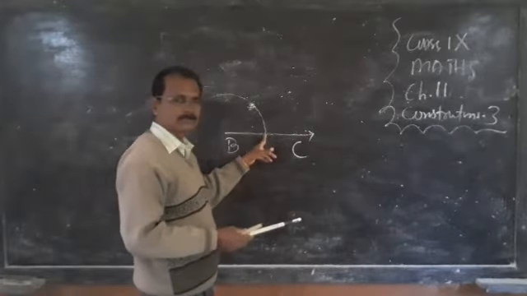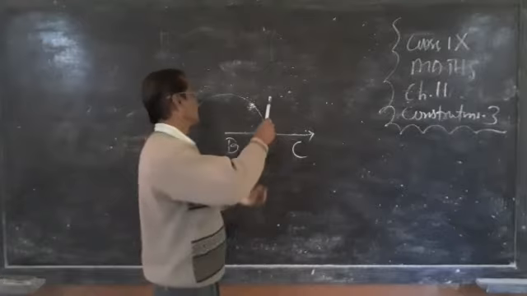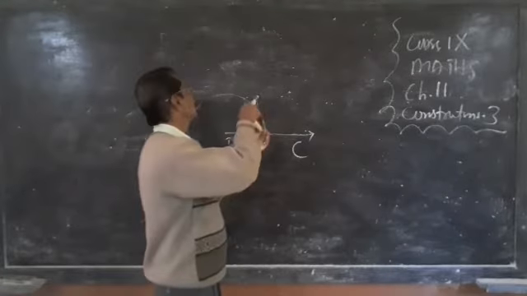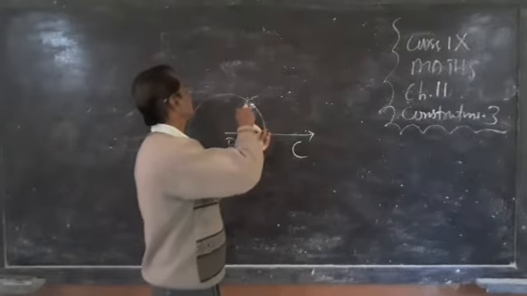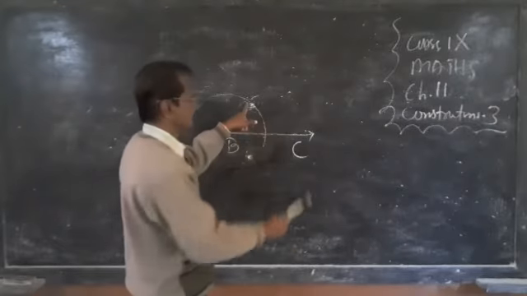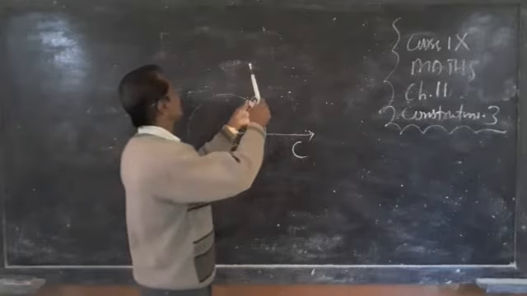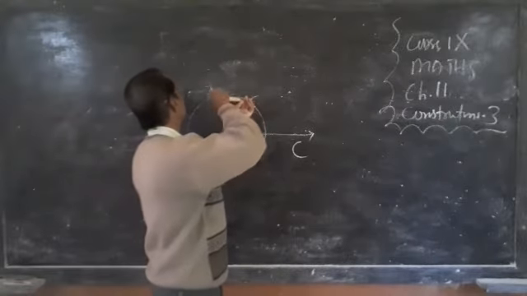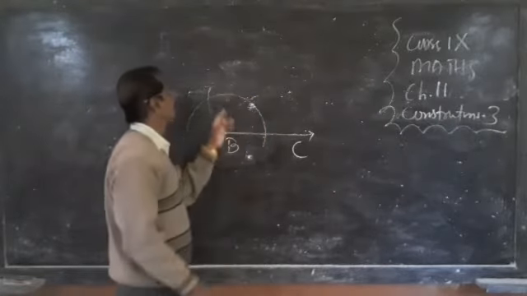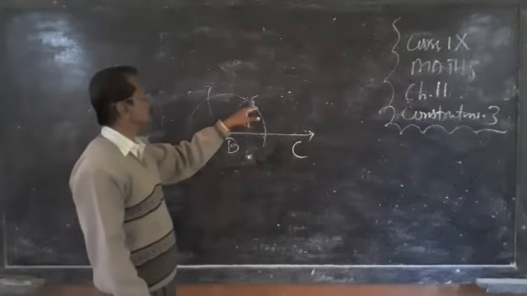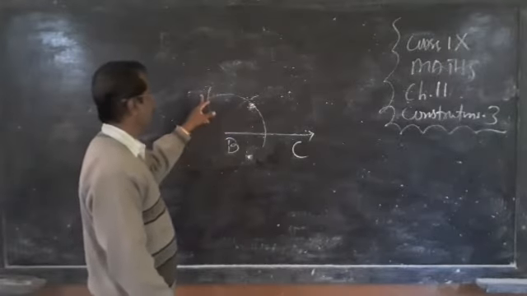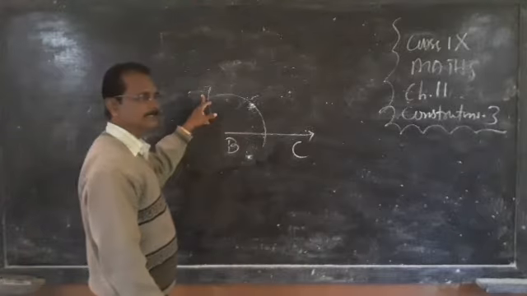Again with this point as center, draw an arc, and it will intersect the first arc at another point. Again one more arc from that point. Then it will intersect. Now this is 60 degrees and this is 120 degrees.